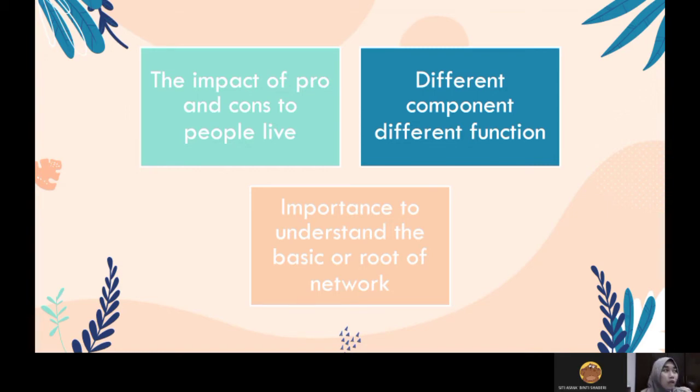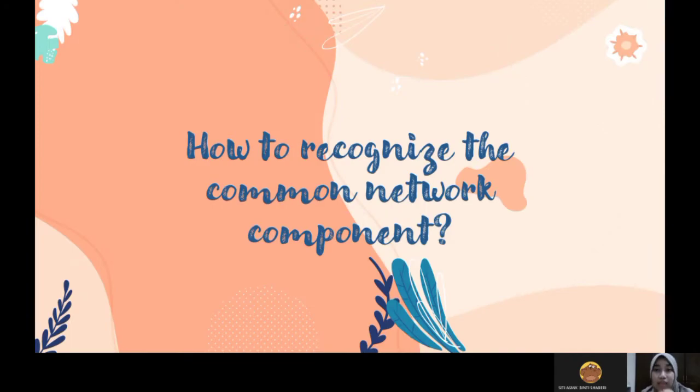So if I conclude these three parts, network components are actually a part of us in doing many activities related to connection in this era. There are a lot of benefits and reasons why we have to recognize computer network components. So we move to another slide. Thank you.